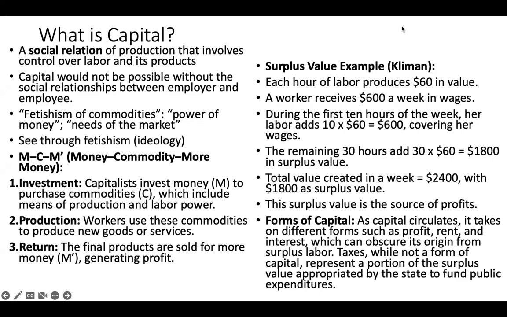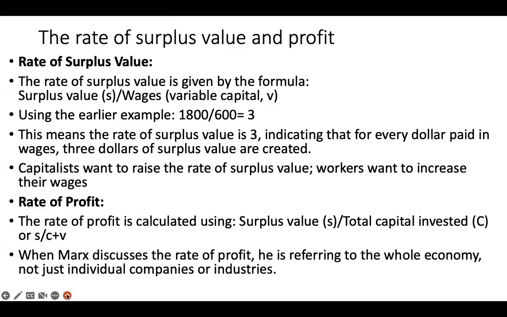Which also means, of course, that landlords and especially bankers have an interest in exploiting labor as well, right? The more surplus value that the capitalists can squeeze out of the workers, it potentially means more value that the landlord and the banker can get into their hands as well. Part of this also is paid out in the form of taxes, but taxes would not really be considered a component of capital.